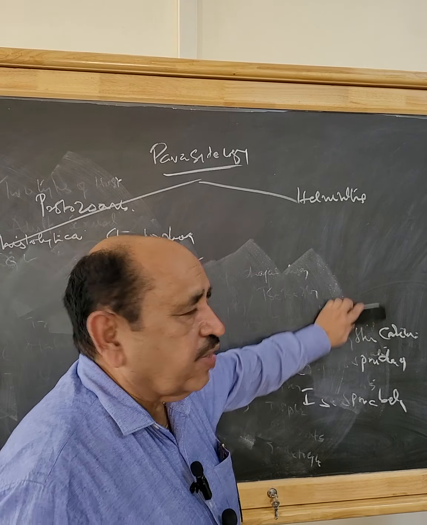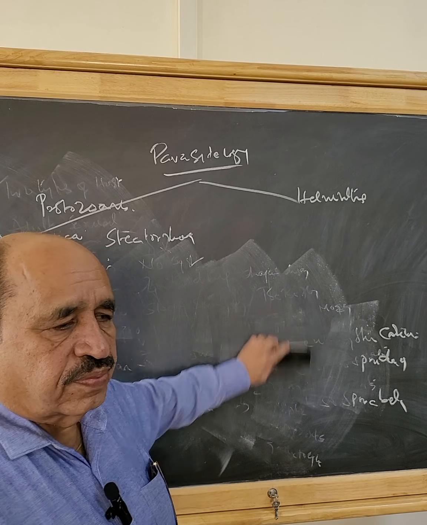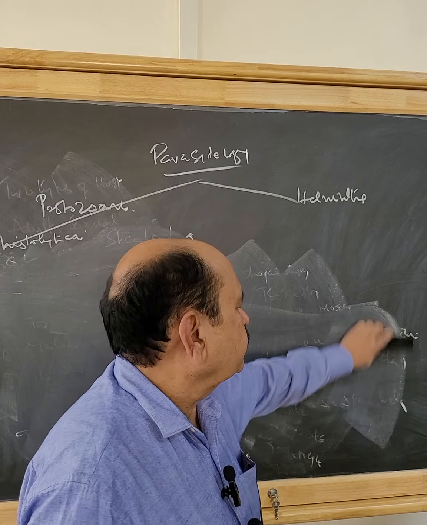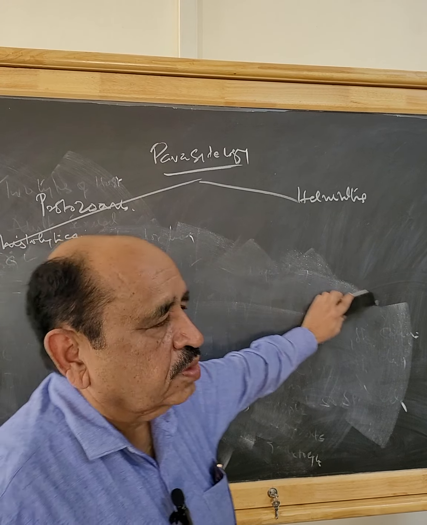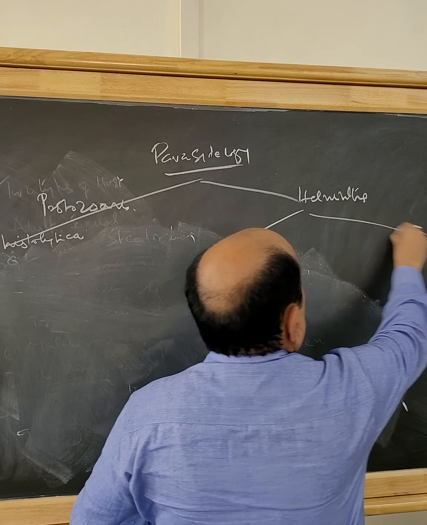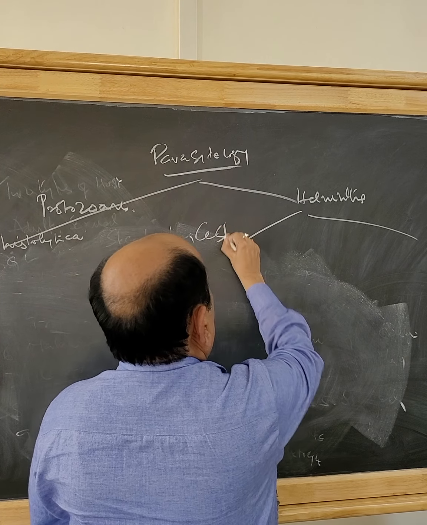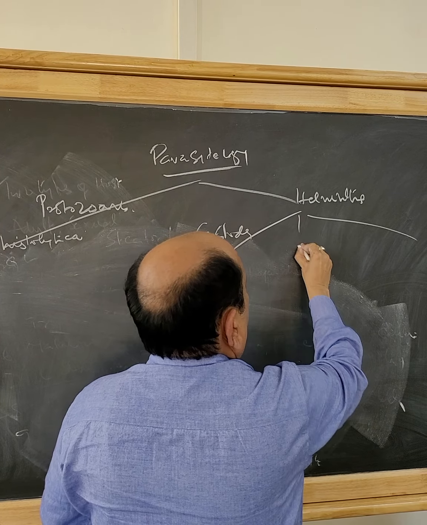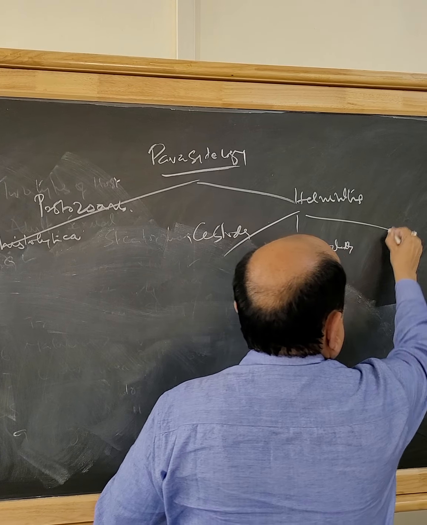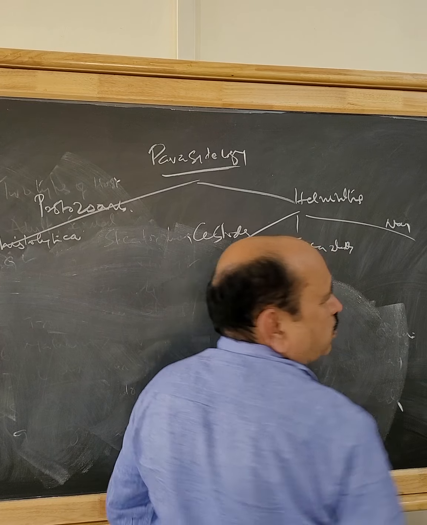The helminths are classified like this: three groups.